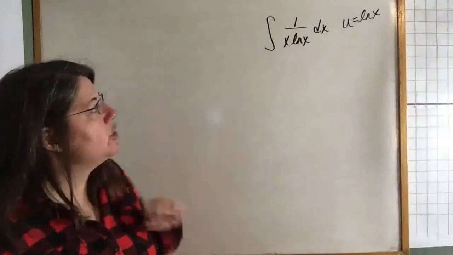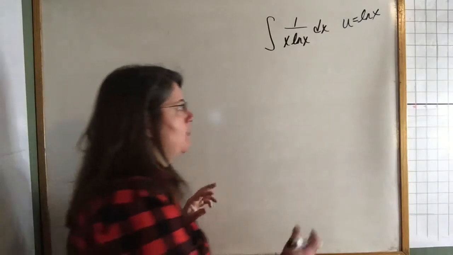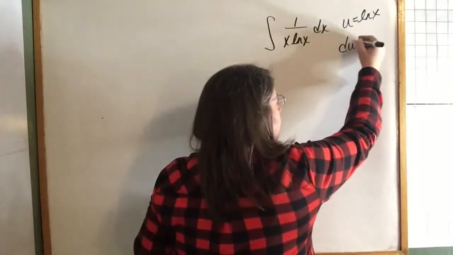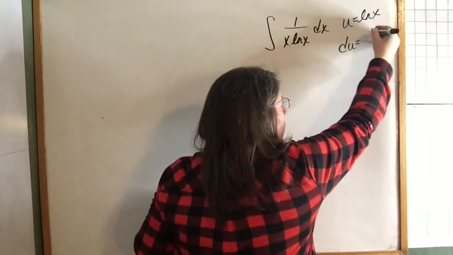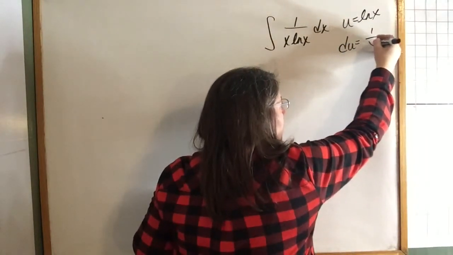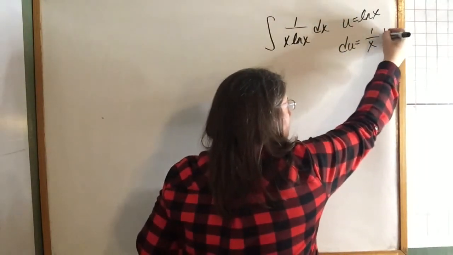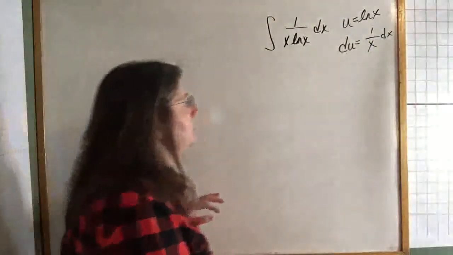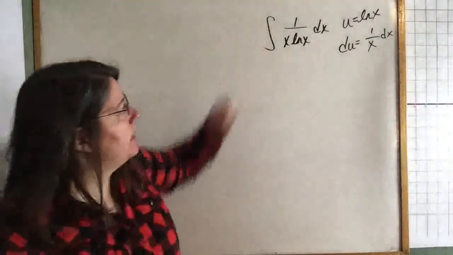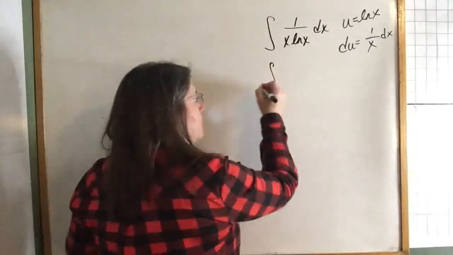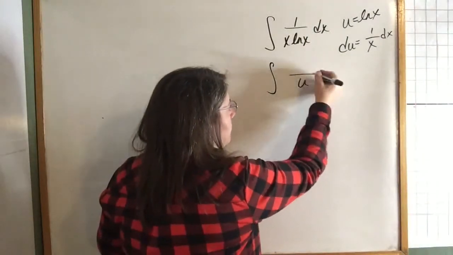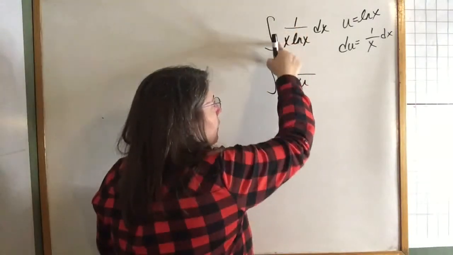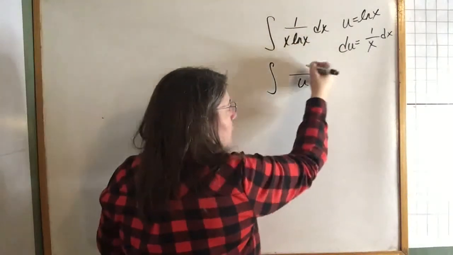So we're going to let u equal natural log of x. And if you think about what du would be, well, isn't the derivative of natural log just 1 over the original times dx? So if you look at what we've got here, if we substitute, we have that u on the bottom, and then isn't 1 over x dx our du?